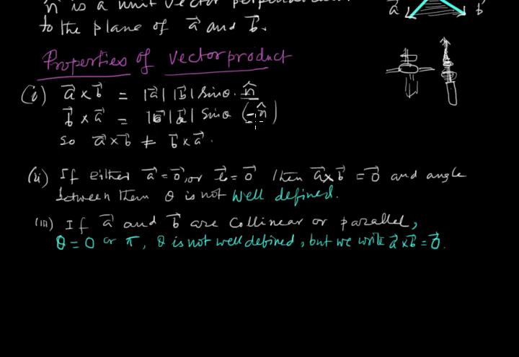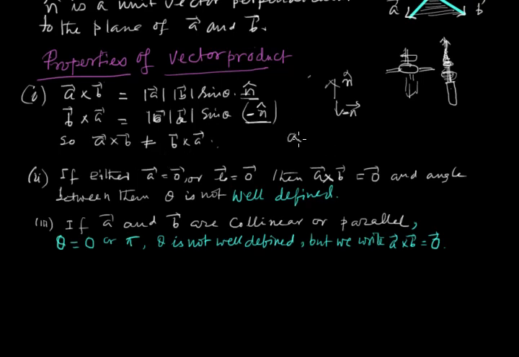But here there is a change. Instead of going perpendicular above, the direction is changed, opposite to n cap. It is minus n cap. So that's why the cross product A cross B is not equal to B cross A.